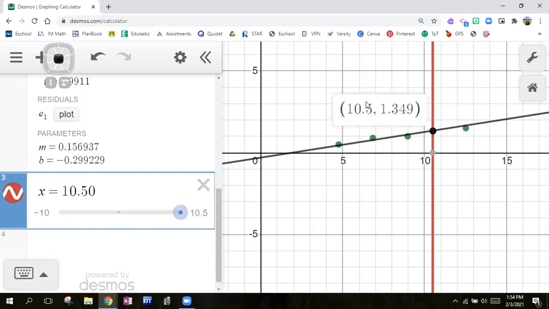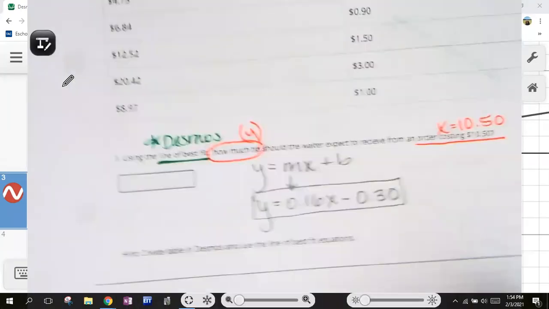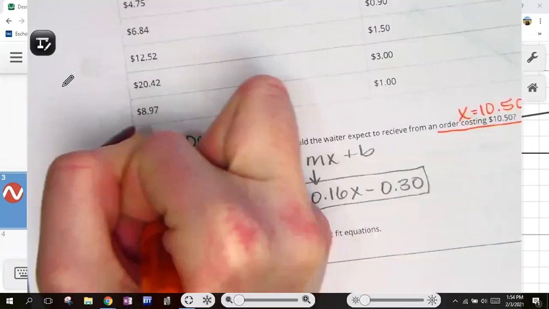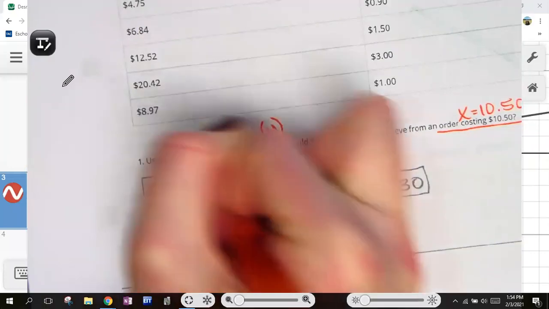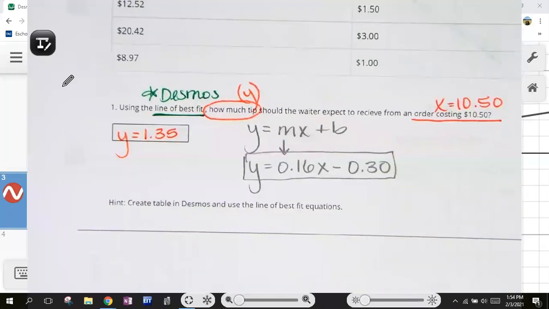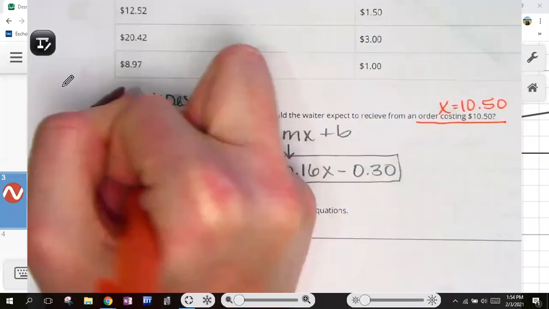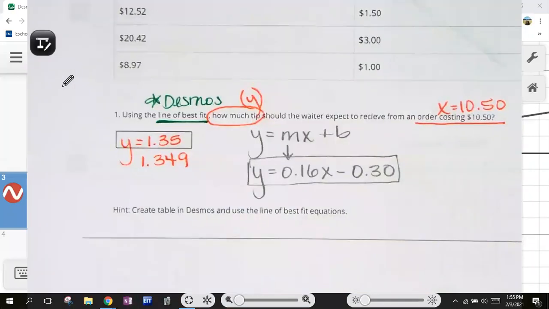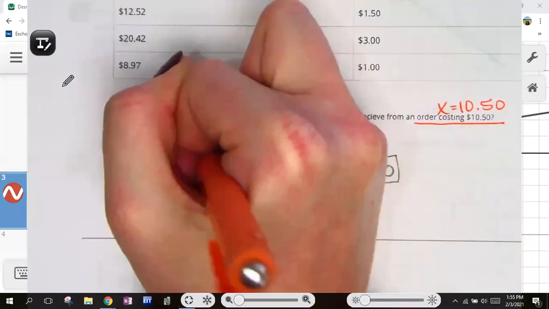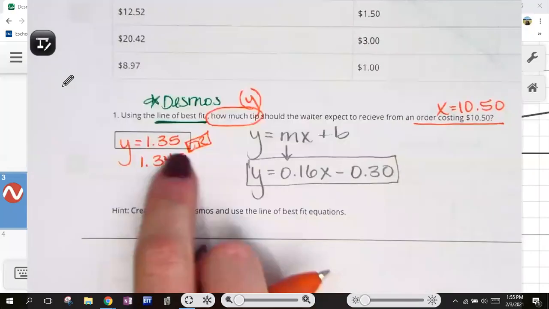So when my meal costs $10.50, which is the X, what is my tip? 1.35. Or you could have written it as that whole decimal that was on there.